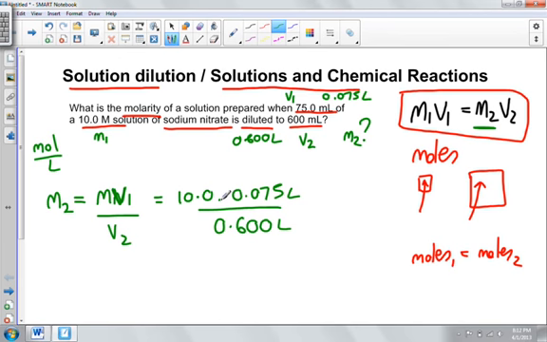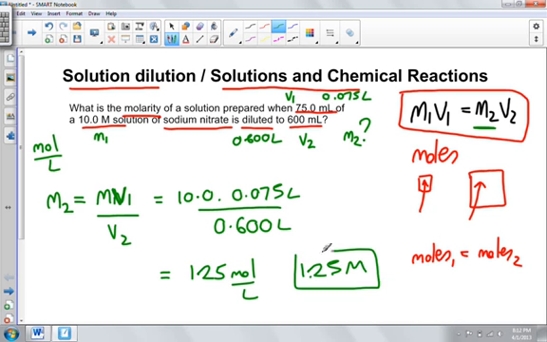The units of our concentration was moles per liter, so that's what you'll be left with. And when you do the math, what you get is a concentration of 1.25 moles per liter, or 1.25 big M. All right? Either one of these units is fine.